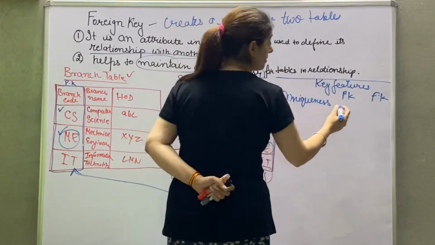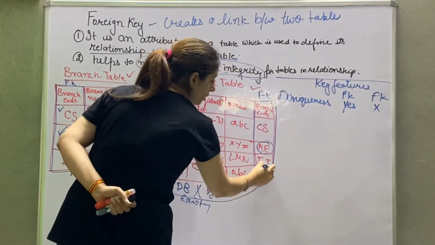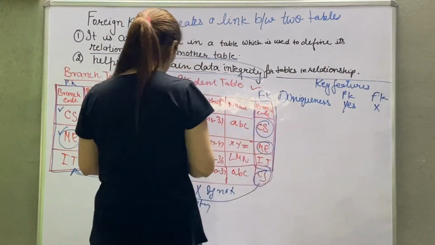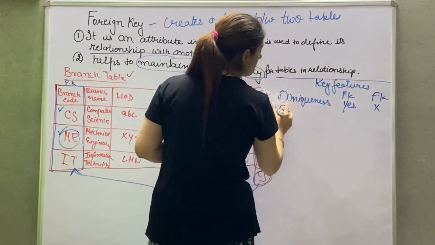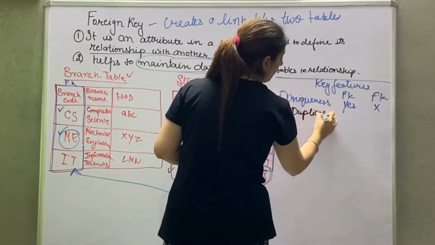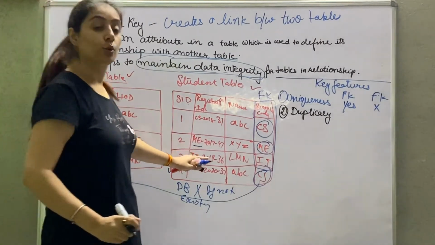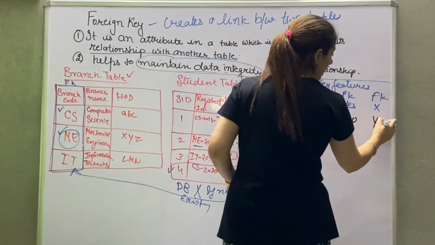Uniqueness, yes, here is uniqueness, but here you can repeat the entries. Now number 2 is duplicacy. You cannot duplicate the data in primary key, but here you can do. So here will be no, here will be yes.